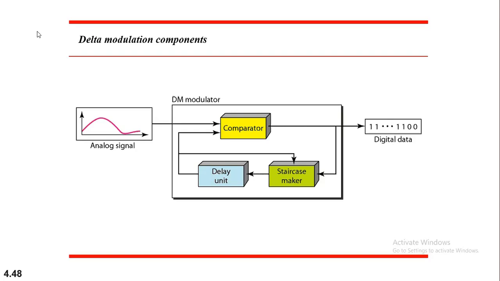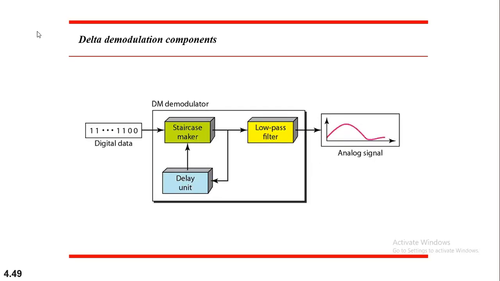Coming to the demodulator, in this case the input is digital data, where the staircase maker with the help of a delay unit generates a staircase signal, and this staircase signal is finally passed through a low pass filter to create your analog signal.